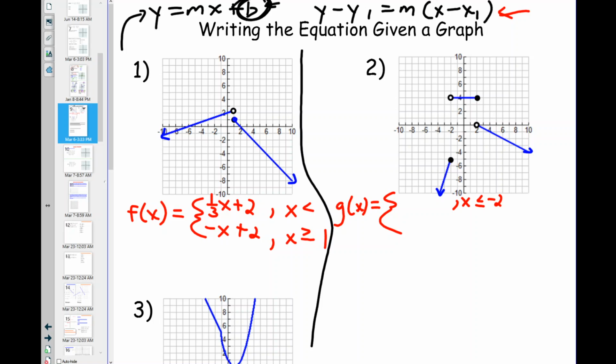How about the middle piece? Well, it goes as far left as -2 less than x less than or equal to 2. And then finally the last piece. X is greater than 2.